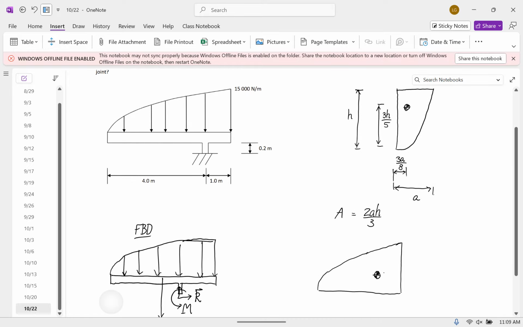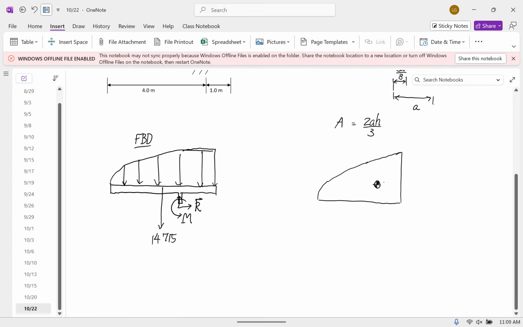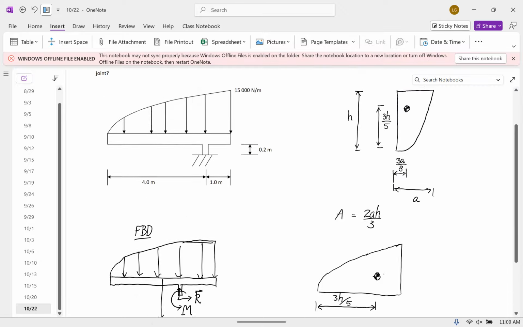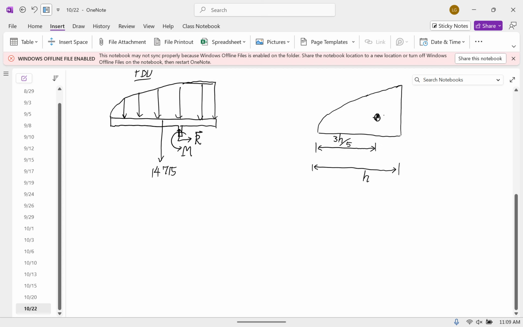So if H represented the height before, you can think of this width now being that H. And so this distance is 3H over 5. And H is equal to 5.